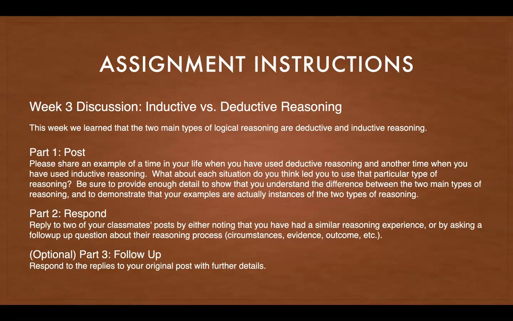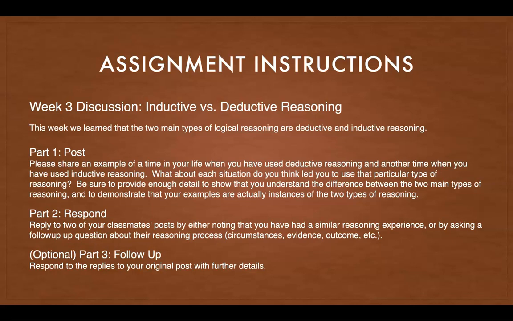Deductive reasoning is also used in geometry. I know that might bring up bad memories of you from high school, hopefully not, but proofs, specifically in geometry. We know this step is true, therefore we can say this step is true. Because that step is true, we know this next step is true, and so on. That's deductive reasoning.